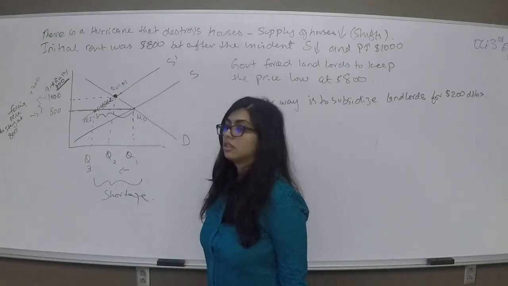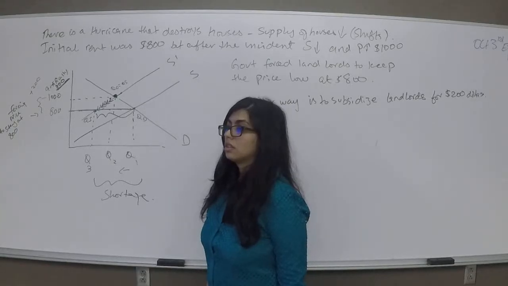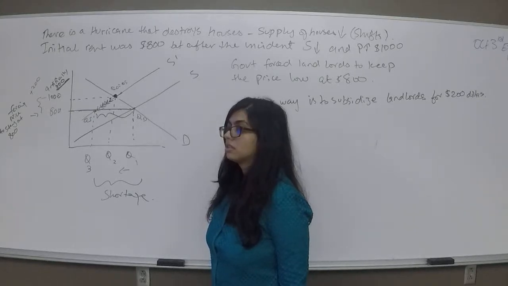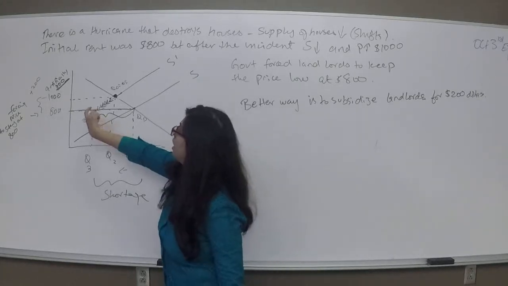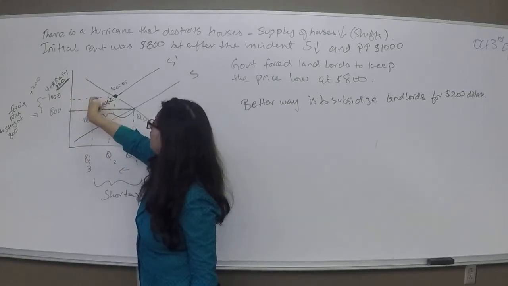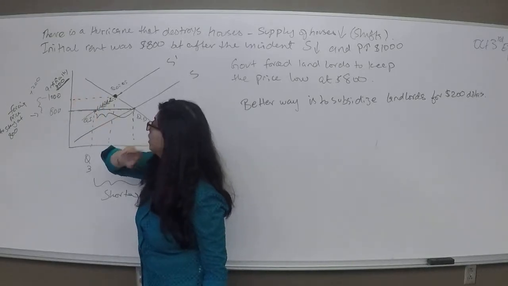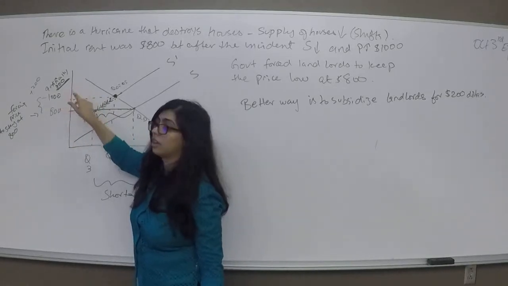Then it's not stated that the customers pay 800, but the government also pays the landlords 200, so they're keeping it artificially at 1,000. So supply is higher now because the government has stepped in and they're keeping it at 1,000.